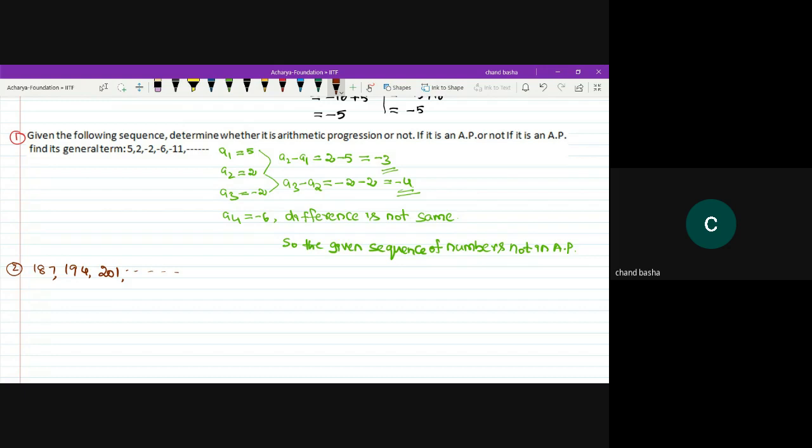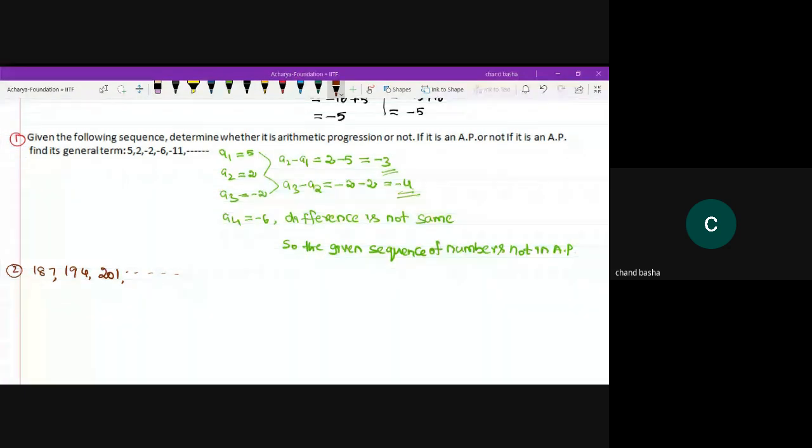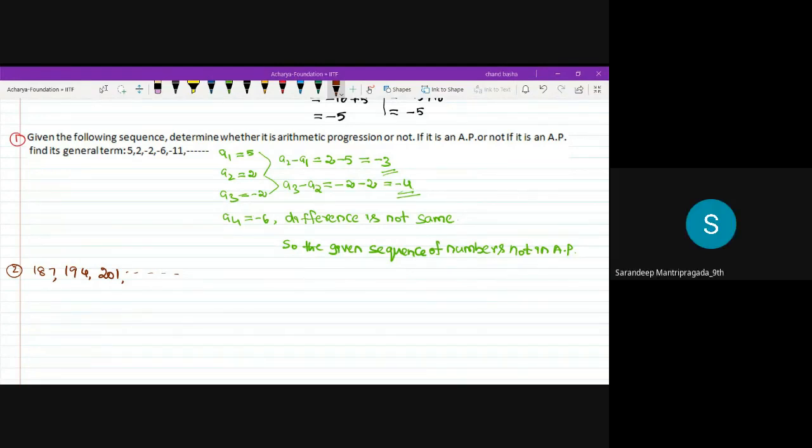Are they in AP or not? Just check it. He has given just 3 numbers. Let us check whether they are in AP or not.